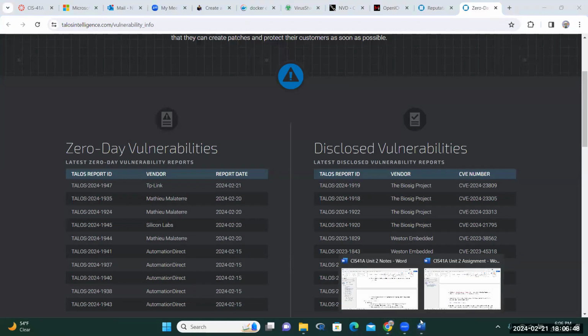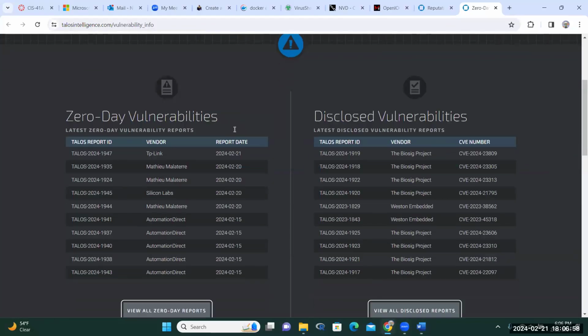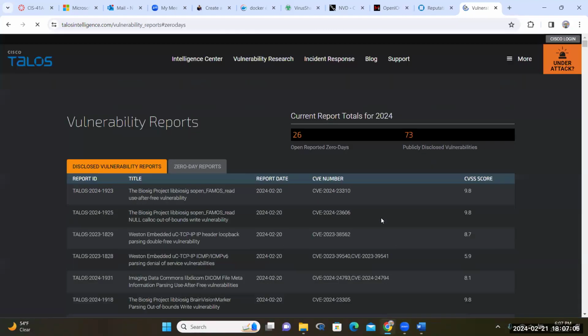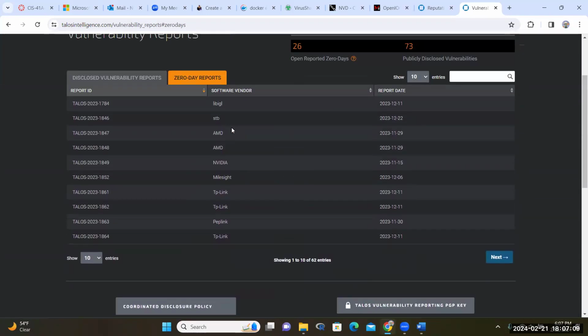It tells you to visit this site and click on the zero day report button, and for the software vendor and reported vulnerability, I think you can view it already here, but you can look at the entire report by clicking this. It's going to give you a more detailed, longer list.